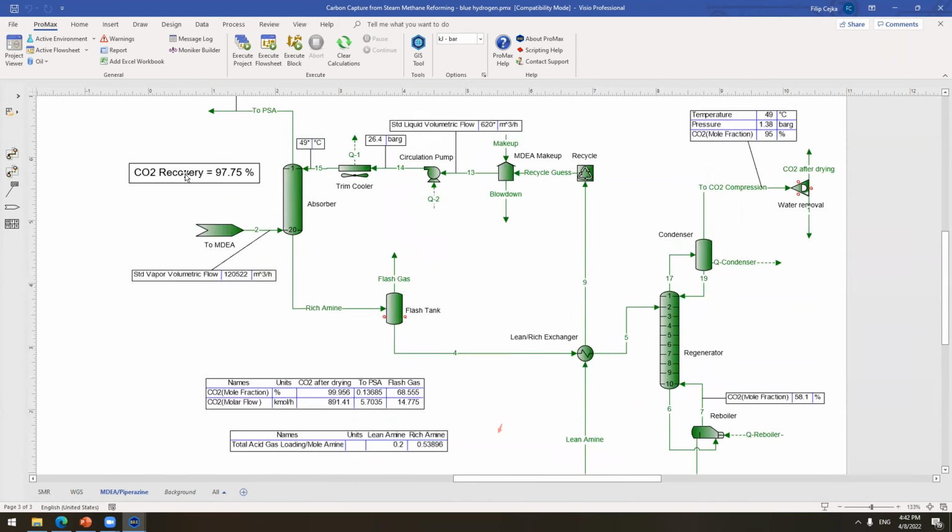For example, you can use a smaller column and use, let's say, lower lean loading, or the opposite way. And there are a lot of trade-offs in here. So when you're designing this kind of plant, or even if you're operating on this kind of plant, you need to be sure what it is you're trying to achieve.